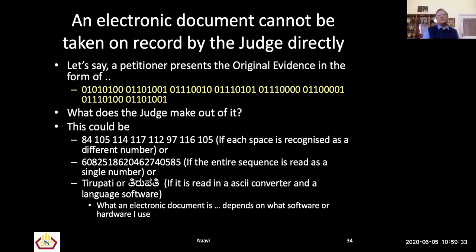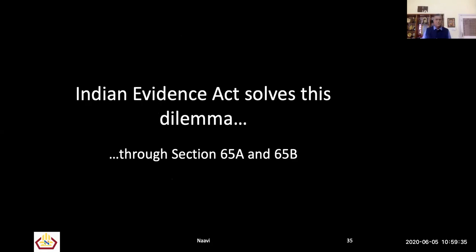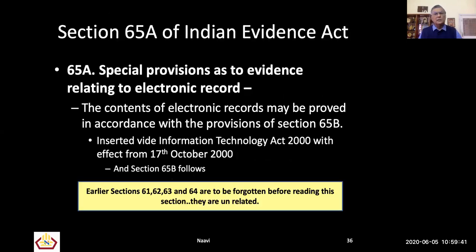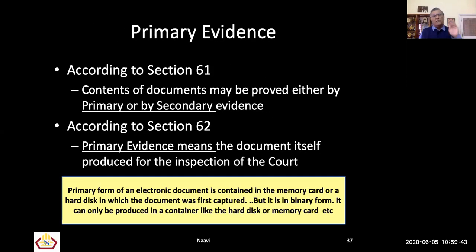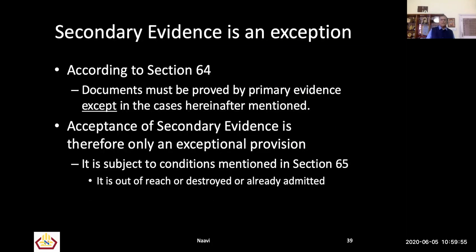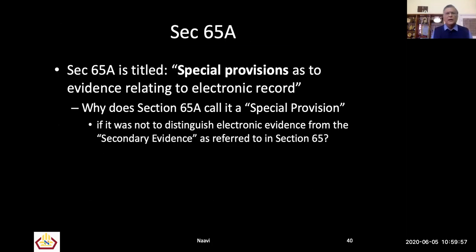So these two things have been brought into section 65B, and the dilemma of how to interpret has been solved. And what section 65B says is every electronic document has to be produced along with a certificate, and when that certificate is produced, then we will forget about this primary and secondary evidence which are covered in different sections of the Indian Evidence Act, and we come to the special provisions.